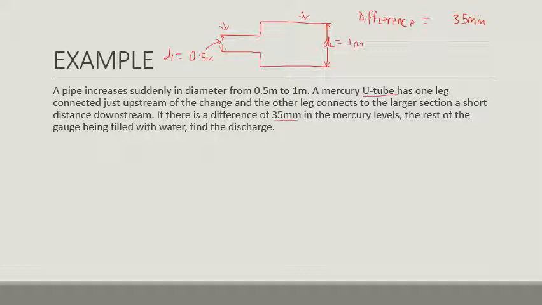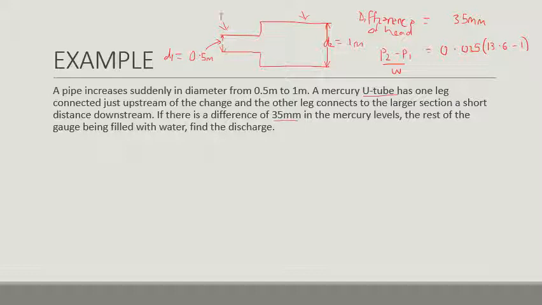So now to convert that into something that we know, difference of head, we can just say that will be equal to 0.035, which is 35 over 1000, into bracket 13.6 minus 1, that is P2 minus P1 over W, because this acts as the difference in pressure between these 2 points.